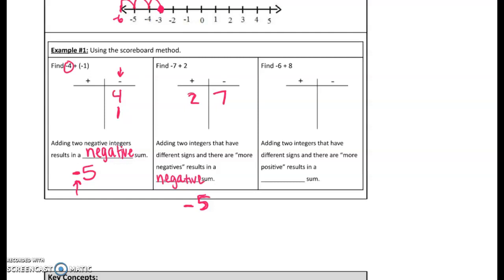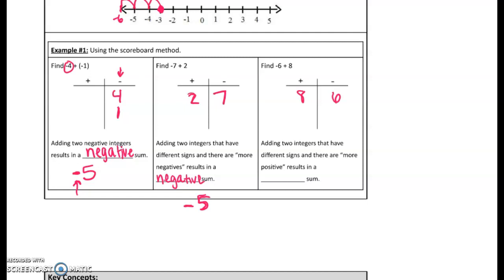So adding two numbers that have different signs and there are more positives results in what kind of sum? -6 plus 8. So the negative team has 6 points. The positive team has 8 points. So now the positive team's winning. They're winning by 2 points because to get from 6 to 8 gives us 2.